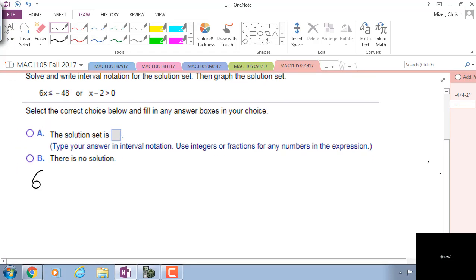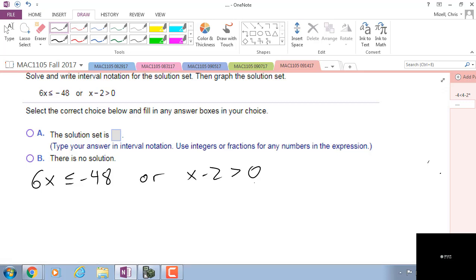Copy it down here. 6x is less than or equal to -48, or x minus 2 is greater than 0. Each one of these just takes about one step. 6x is less than or equal to -48. What are we going to do to both sides to find x? Going to divide both sides by 6. So copy the 6x, copy the -48, and then divide both sides by 6.